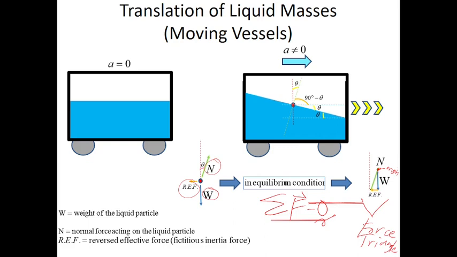The resultant force now is zero. Nagmula siya sa origin, tapos na terminate siya sa origin. So kung ganon, summation of all forces is zero. So lesson yan sa Physics 1.